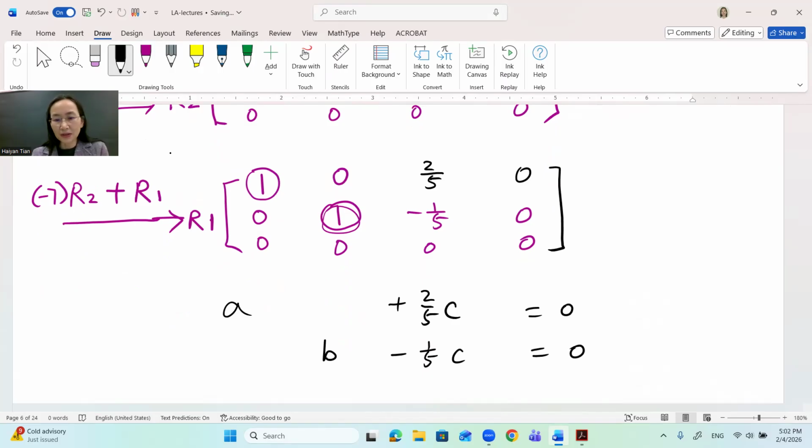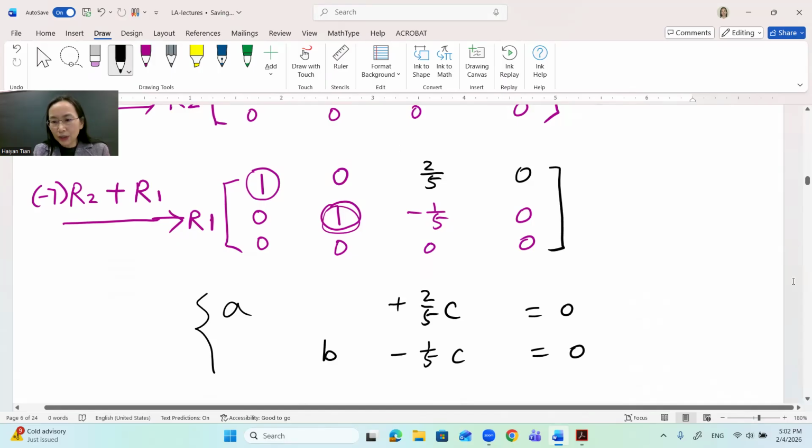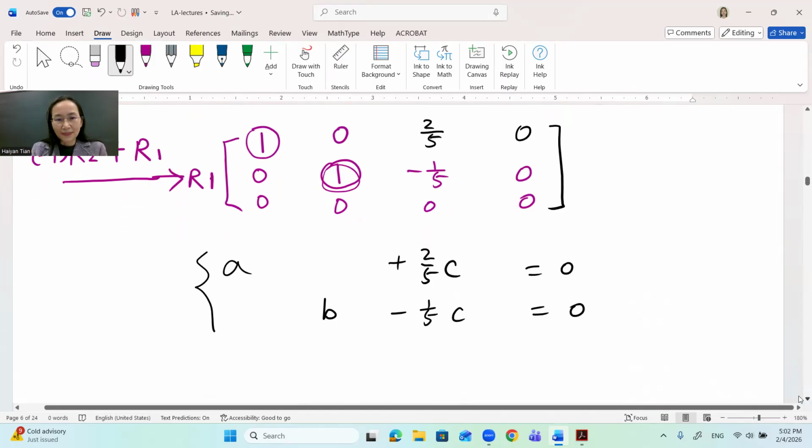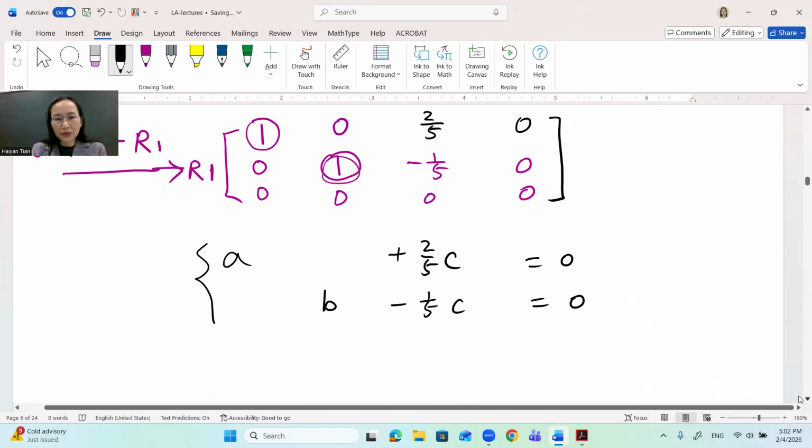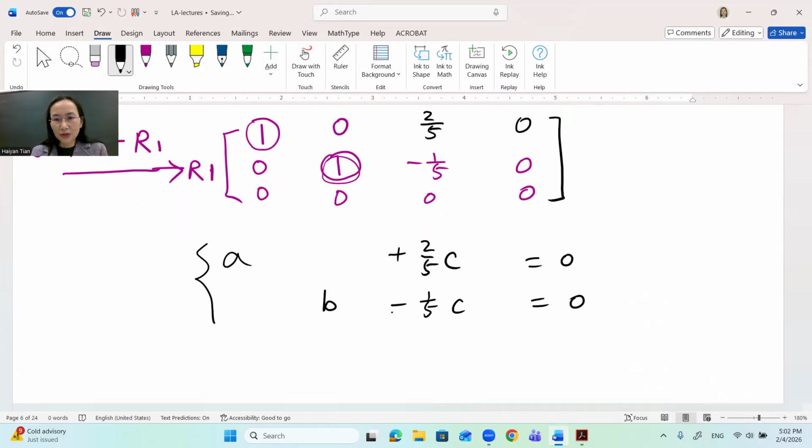The third equation is just an identity. It is always true. So we can write 2 equations and solve for A, B, C. When we get a reduced echelon form, that's the best form we can expect.